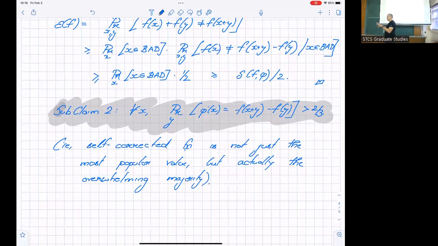Notice it's just a self-correction algorithm. I want to say this is actually correct with overwhelming majority.